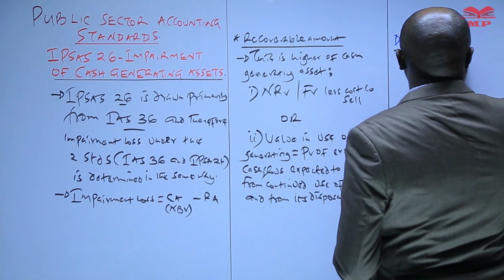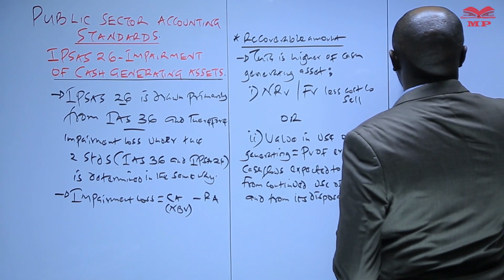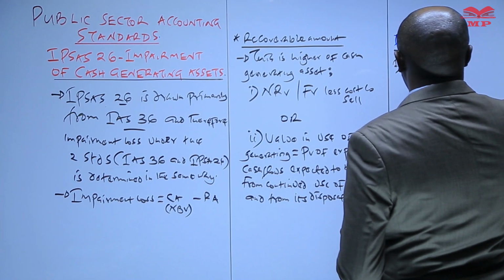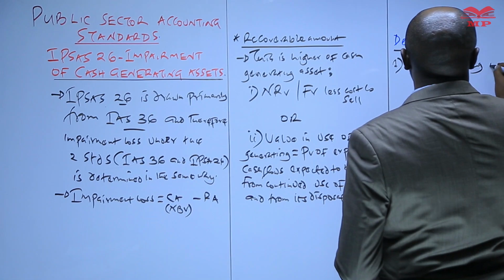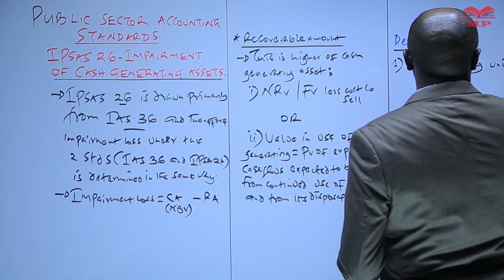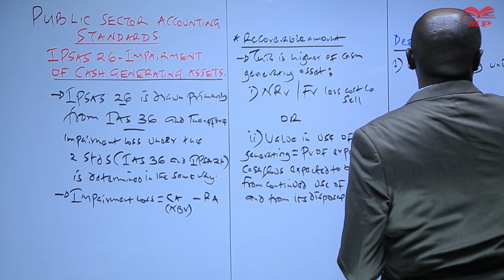The first term maybe we can start by defining here is a cash generating unit, abbreviated as CGU.